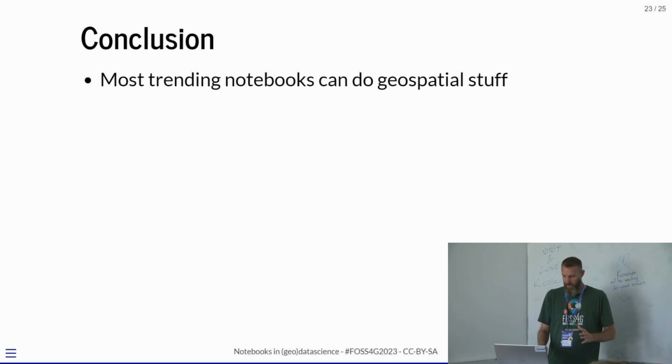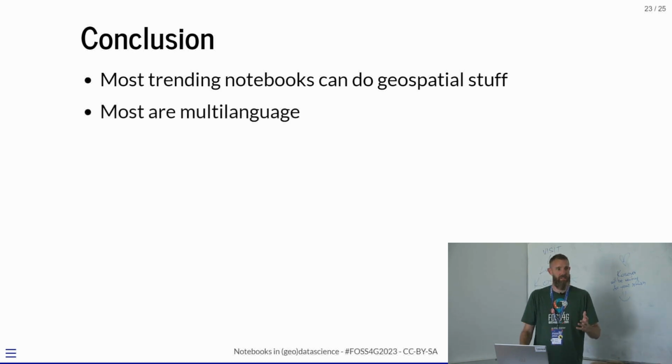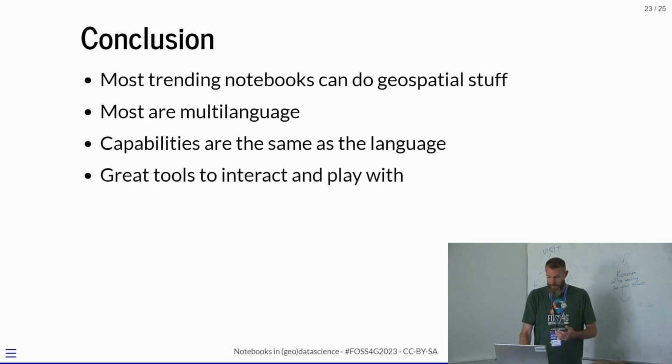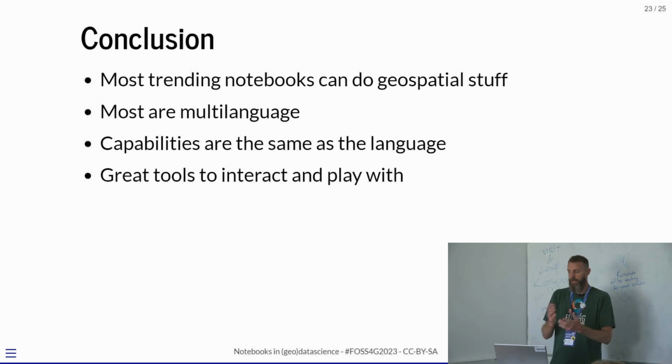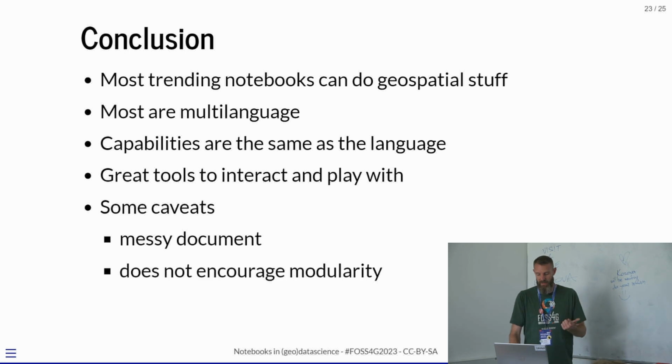Let me conclude. Most of the notebooks that I showed you today can do geospatial stuff. Most are multi-language, except Observable, which is only JavaScript. The capabilities are the same as the language you use. It's great to interact and play with, but there are some caveats. Like it can be a messy document.